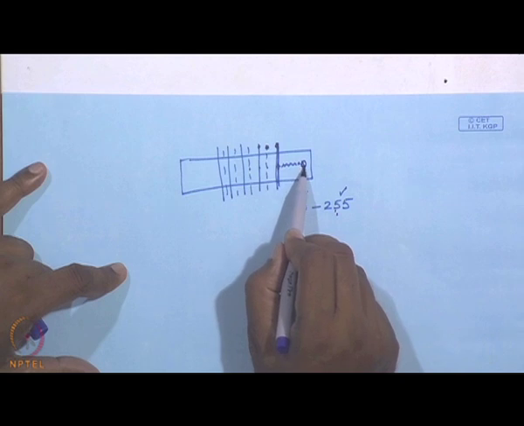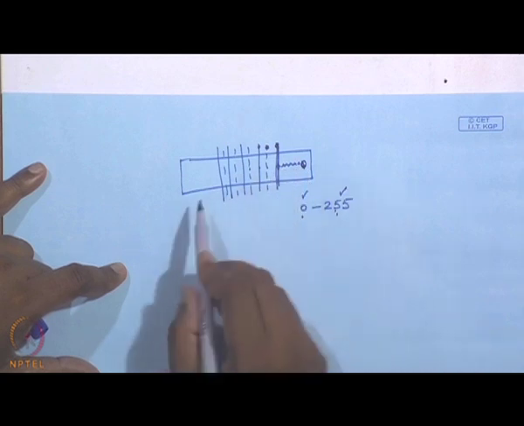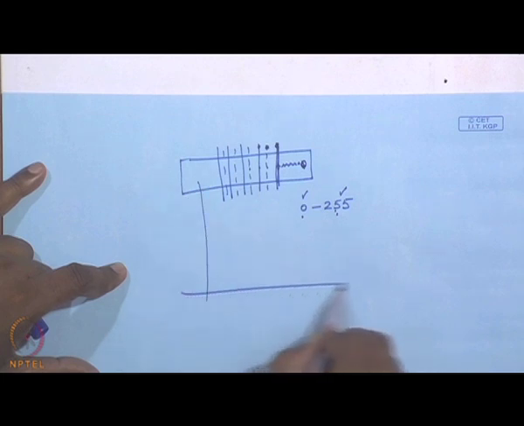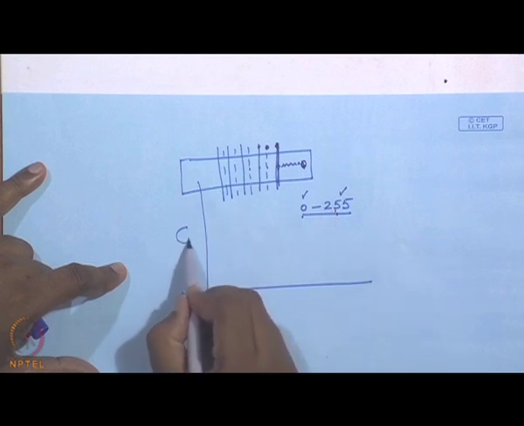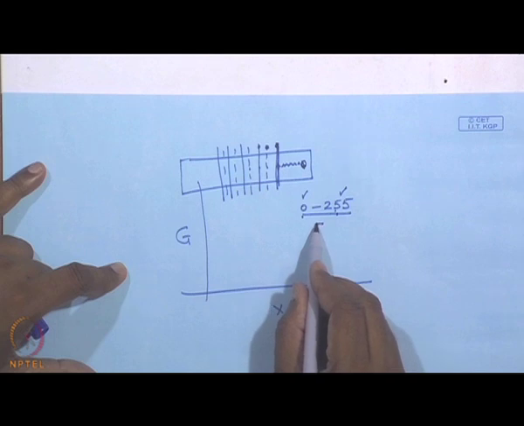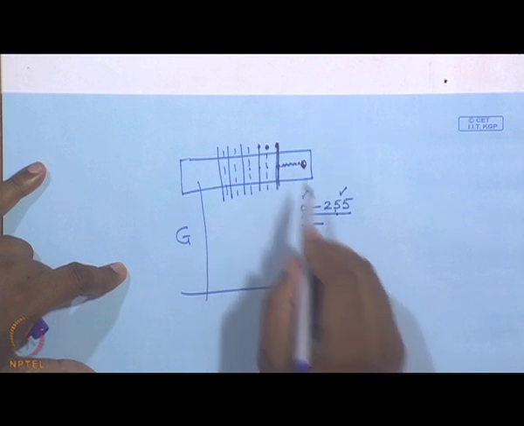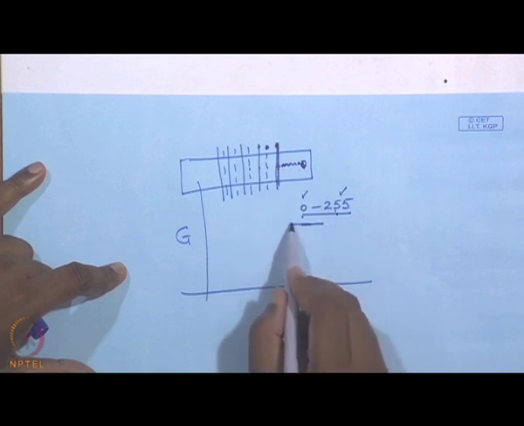Now, we understand that as the film covers the solid surface, its reflectivity will increase. If I plot the gray values, that is 0 to 255, of every pixel from here to here, what we see is more or less a constant value of the reflectivity, since it has an adsorbed film.